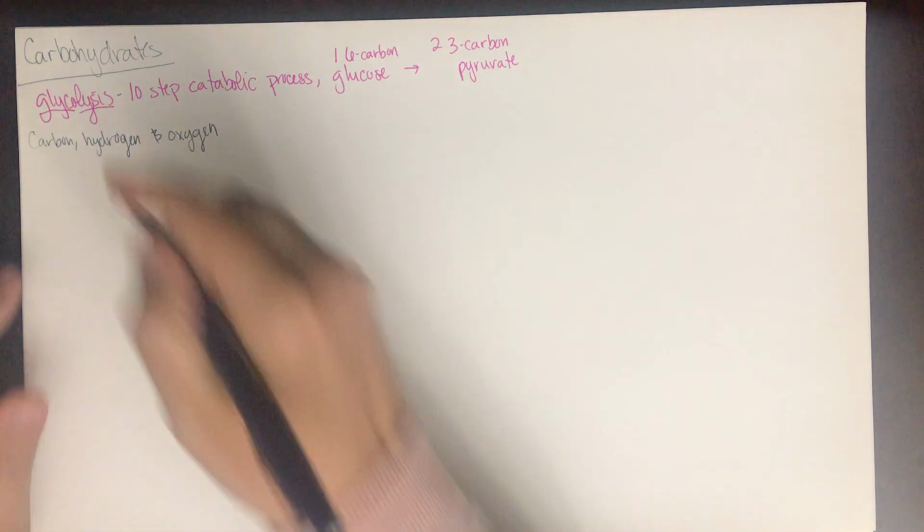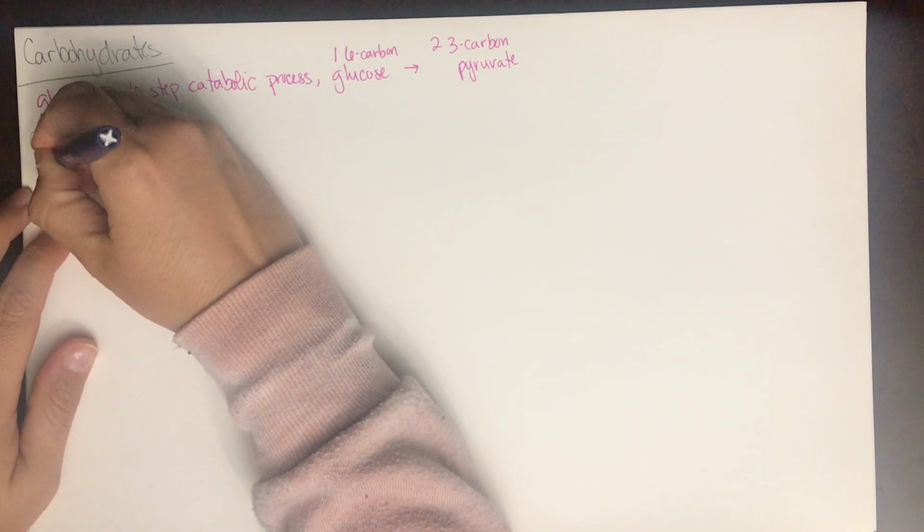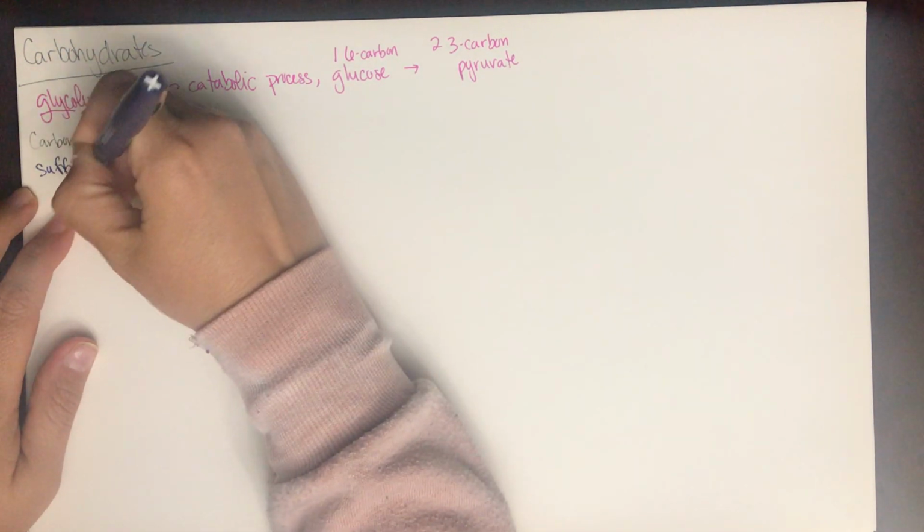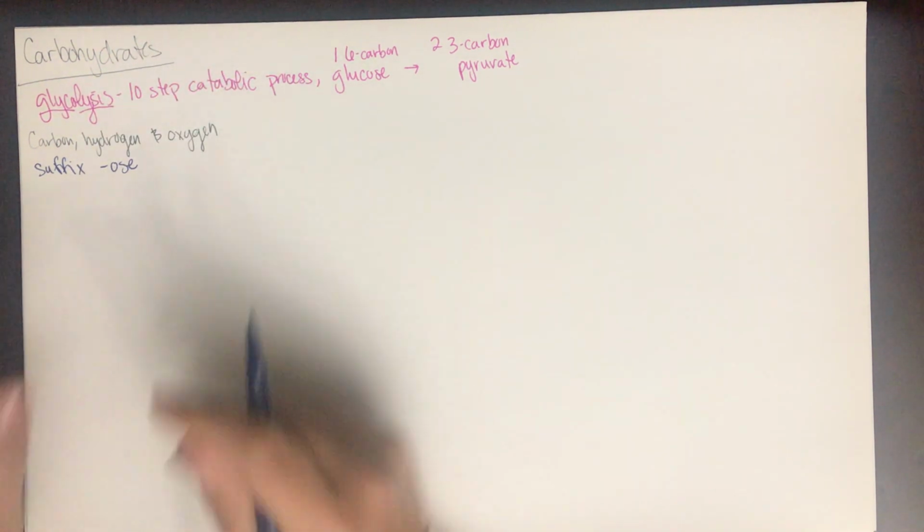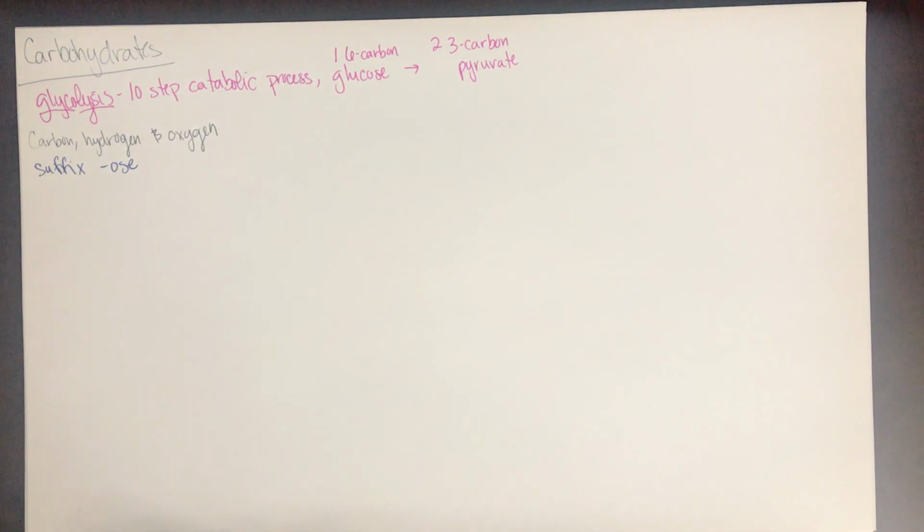Carbohydrates have the suffix ose, O-S-E, not to be confused with enzymes that have the suffix ase. So A-S-E means it's an enzyme, O-S-E means it's a sugar. Oftentimes we will name sugars based on the number of carbons and the location of the carbonyl group.